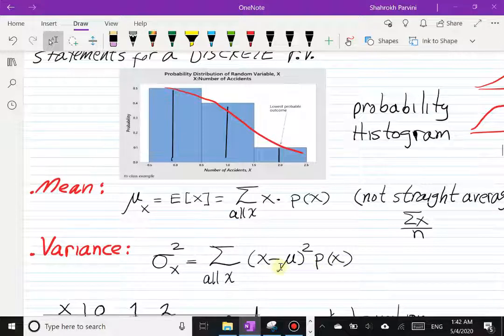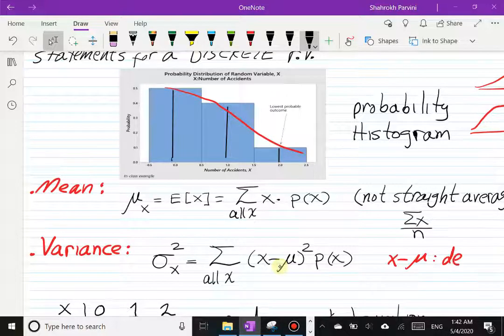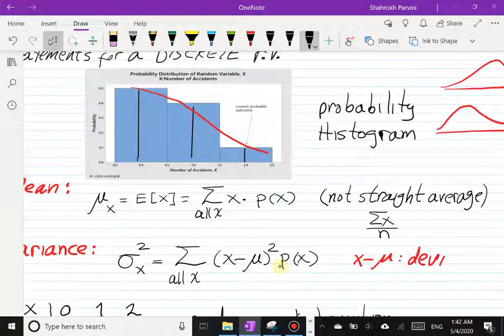Now this quantity, by the way, x minus mu, let me write that for you, x minus mu. This is called a deviation from the mean. That's what that is.